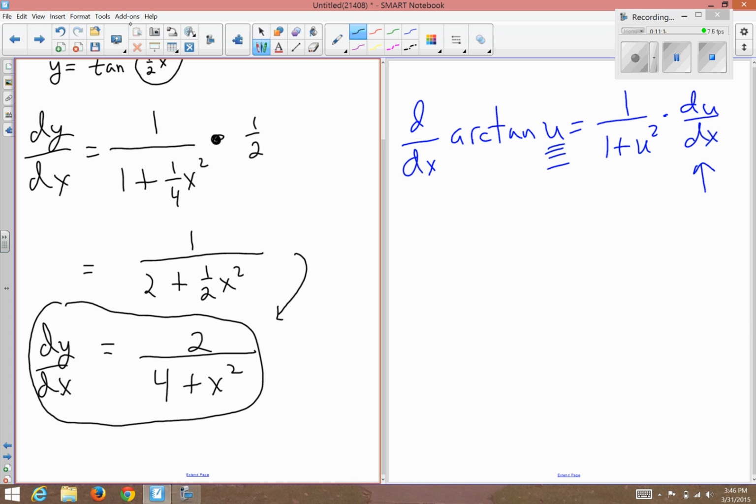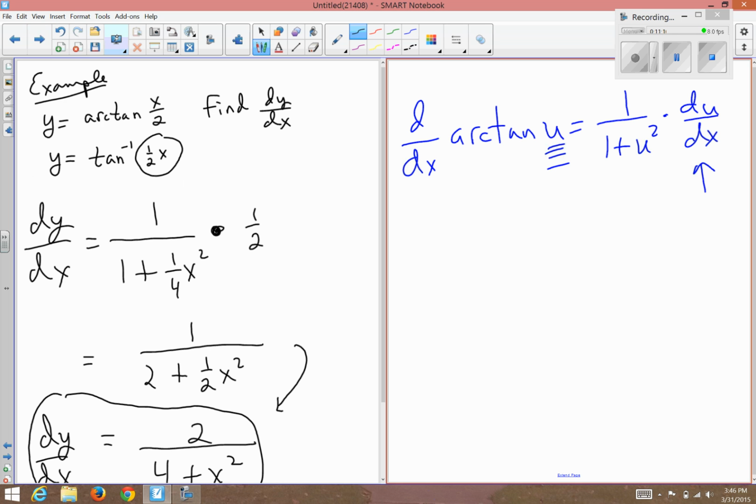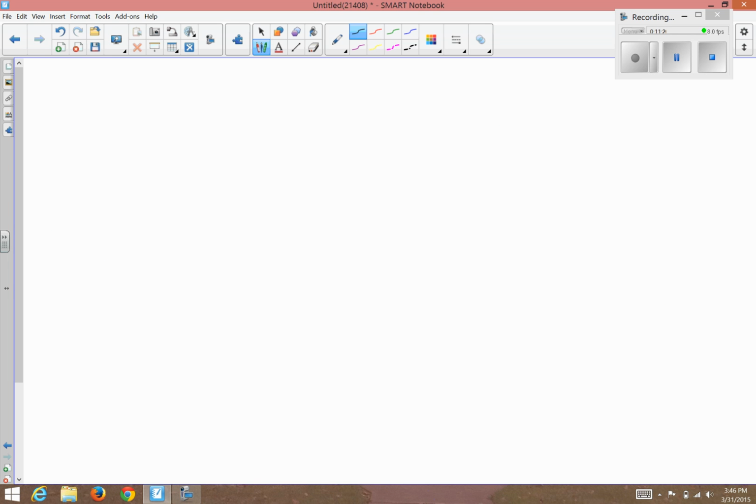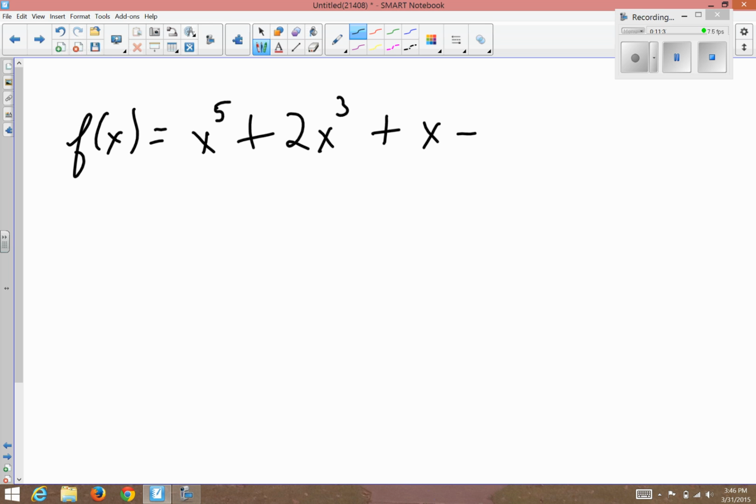So as promised, we're going to do one more example. F of x equals x to the fifth plus 2x to the third plus x minus 1.